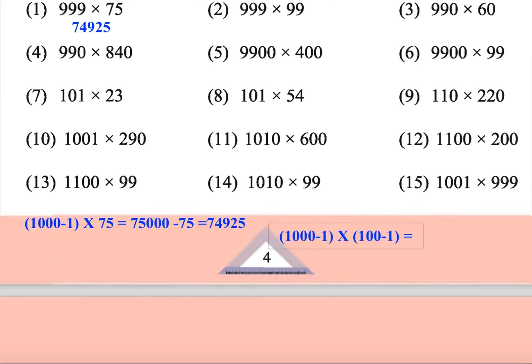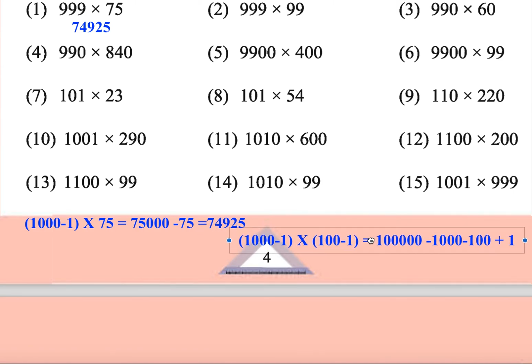See, 1, how many zeros? 1, 2, 3, 4, 5 zeros. Minus 1000 minus 100. Minus 1000, minus 100 plus 1 is going to be the answer.